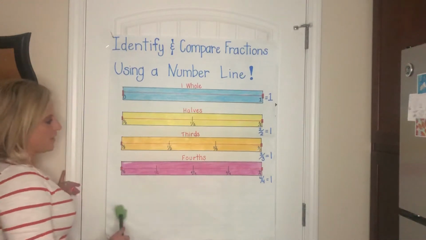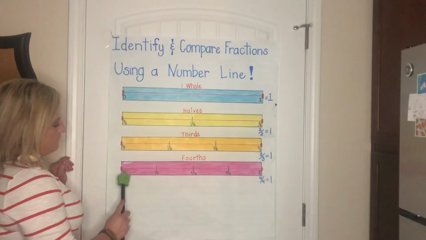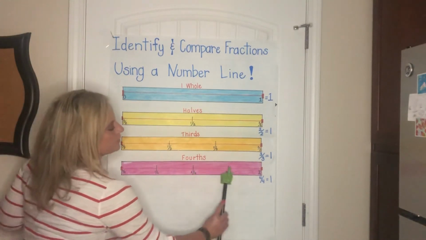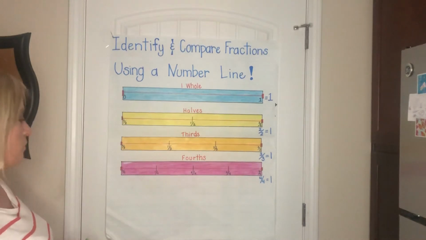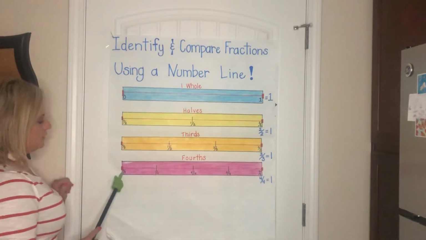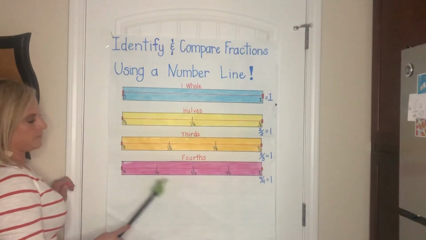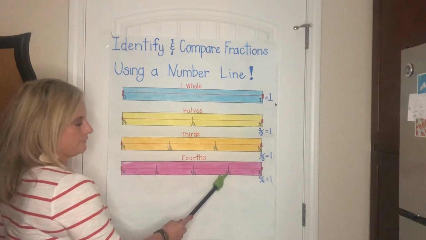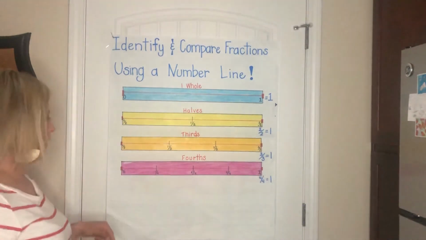And then this fraction bar, I divided it into fourths. So I have 1, 2, 3, 4 equal parts on my number line. Starting over here to the left, we have 0 fourths, 1 fourth, 2 fourths, 3 fourths, and 4 fourths. And 4 fourths also equals 1, okay?